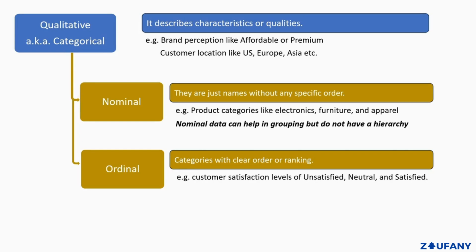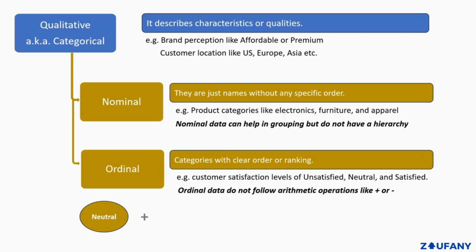Satisfied customers come on top of neutral and unsatisfied, but they do not follow any other arithmetic operations like additions or subtractions. The neutral scores of two customers do not make one satisfied customer. That is because the gap between neutral and satisfied is based on perception and might differ from person to person.